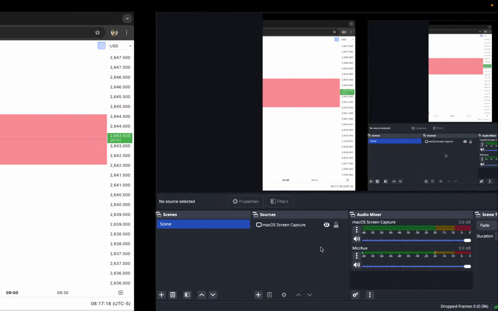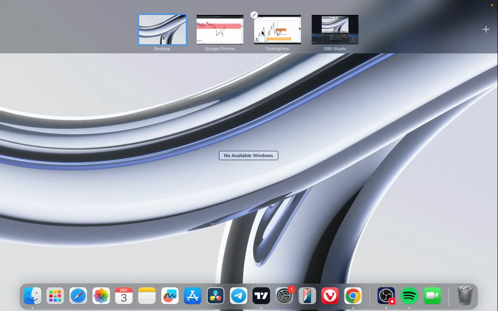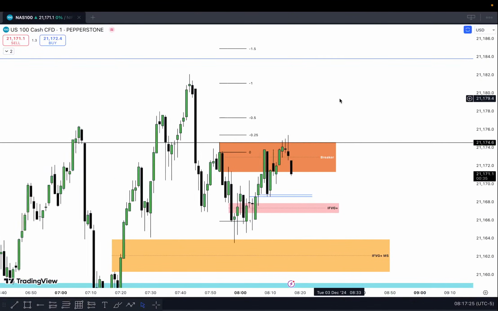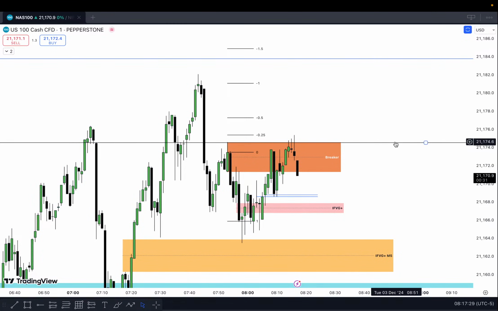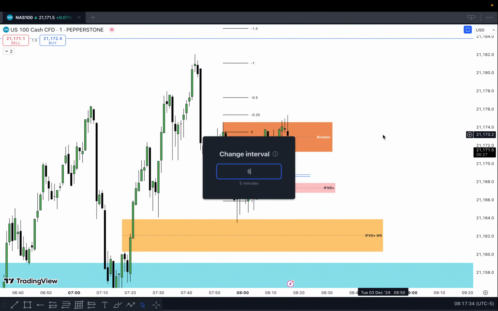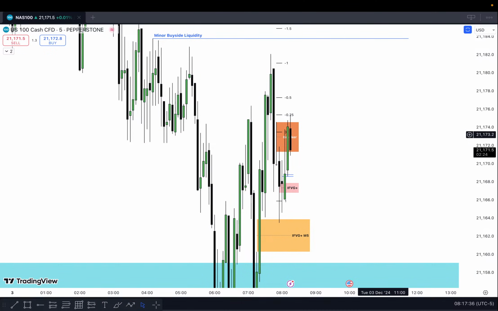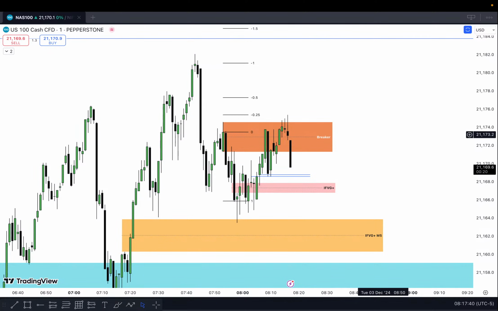Let it go. So we did not close above the breaker here. We just swept it. So no long setup here.